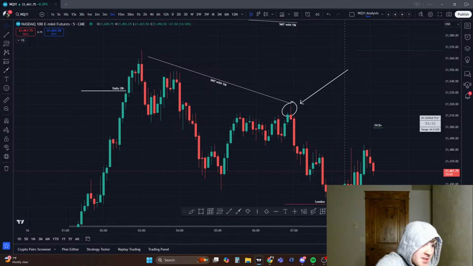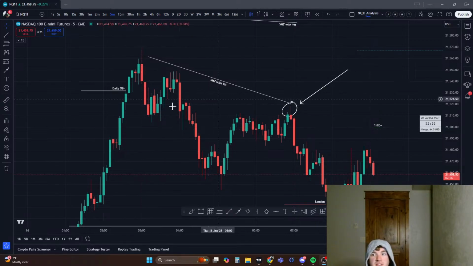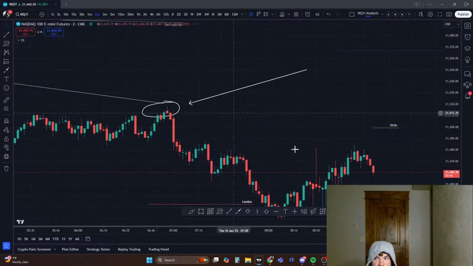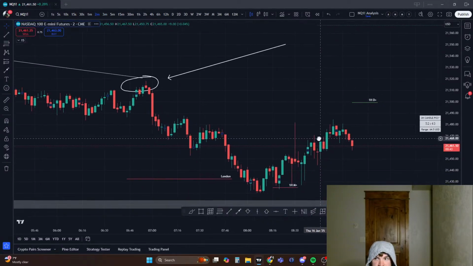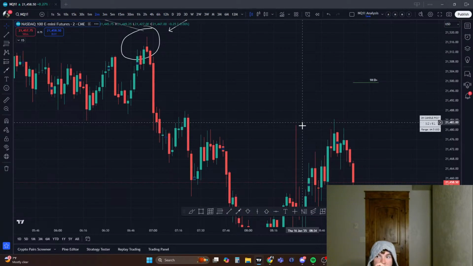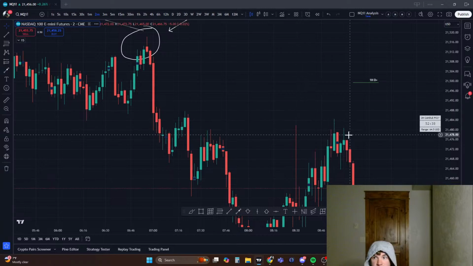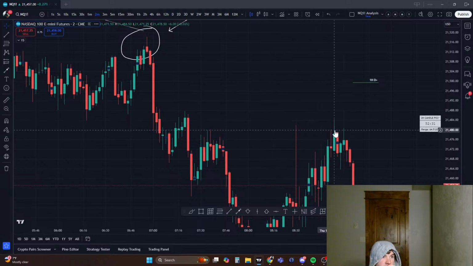Wait, which screen can you guys see right now? Okay, you can see this screen. So yeah, we had this high over here. We had this high. And then we have SMT here, but this one's not sequential, so it's just a regular one.